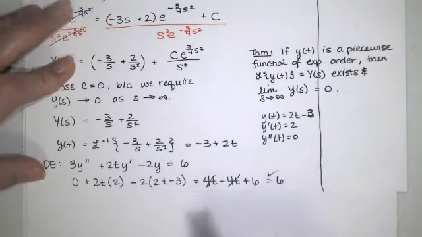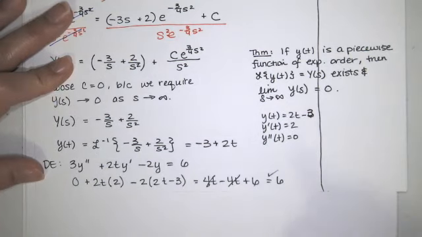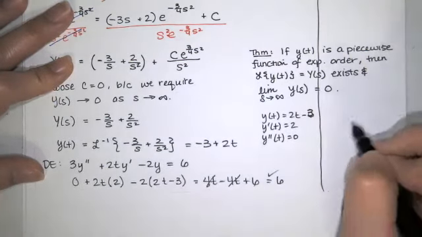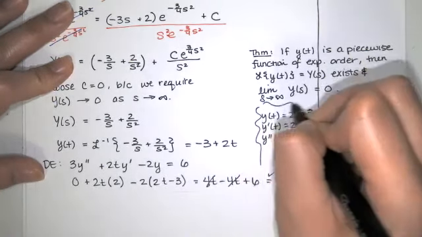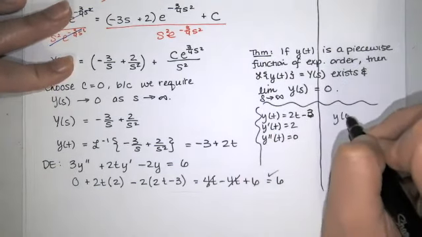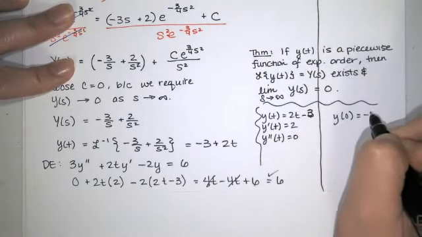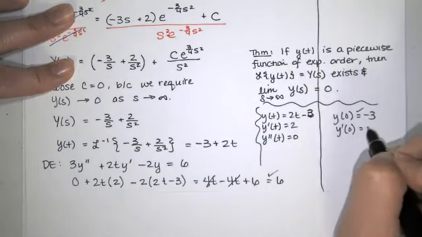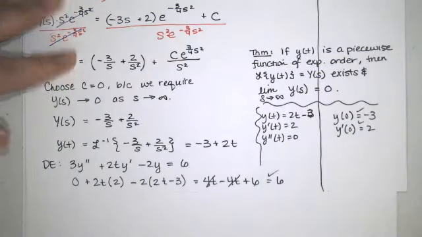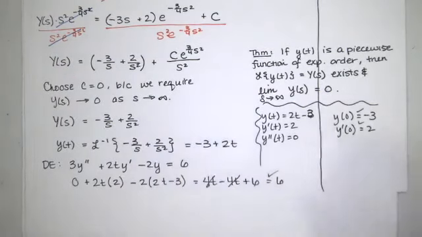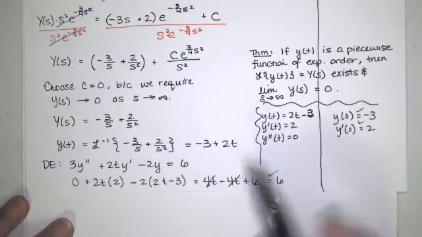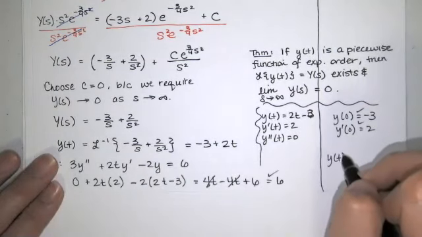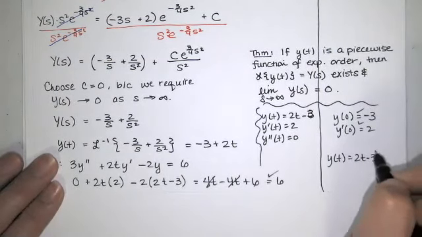That's the right-hand side. So this function satisfies the differential equation and the two initial conditions: y of 0 equals negative 3 is satisfied, and y prime of 0 equals 2 is also satisfied. So this is the function we're looking for: y of t is equal to 2t minus 3.